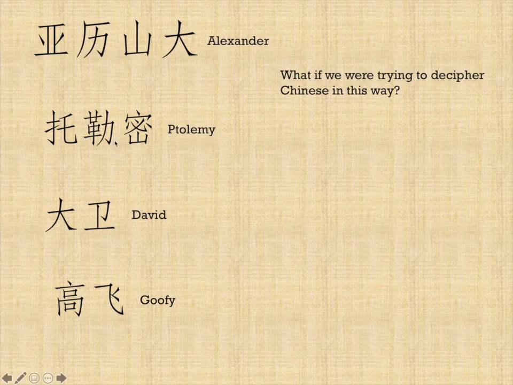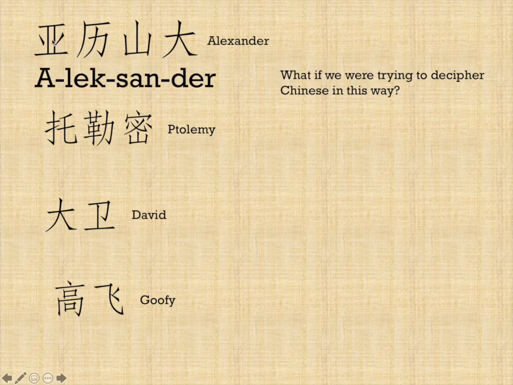Ptolemy: 3 syllables, 3 characters. David: 2 syllables, 2 characters. Goofy: 2 syllables, 2 characters. Now we might try to assign some of these syllables to the Chinese characters in an attempt to figure out how they sounded. So for example, Alexander could be distributed over these characters.